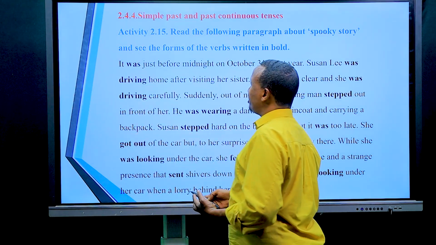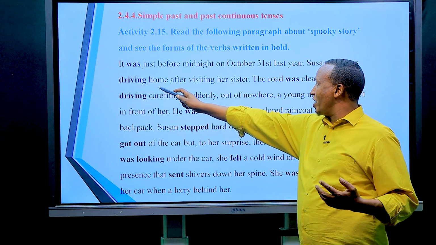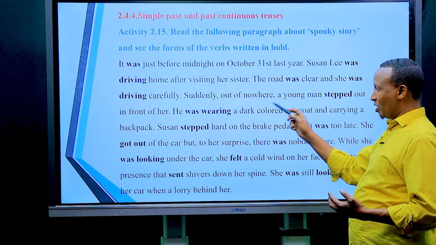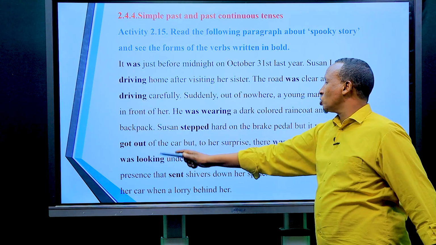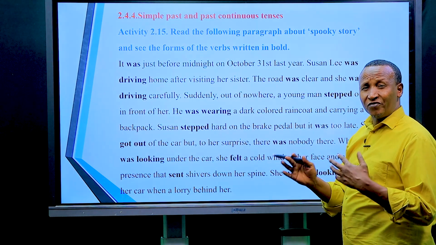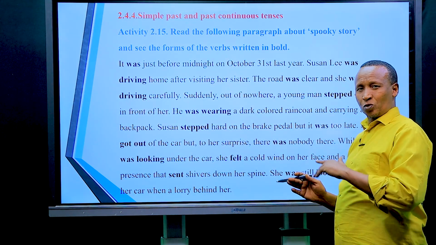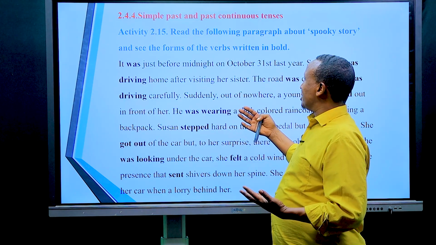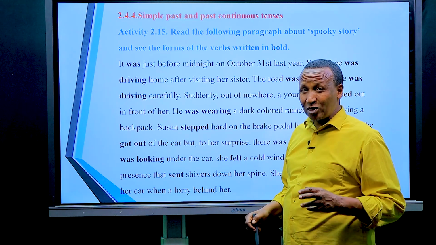So in this passage, as we read, we came across words like was driving, was driving again, stepped, was wearing, Susan stepped hard, it was, got out, there was, looking. We have different verbs here. Some verbs have was or were and verb-ing, and others are in the past form. Which of these verbs do you think indicate the past continuous tense?